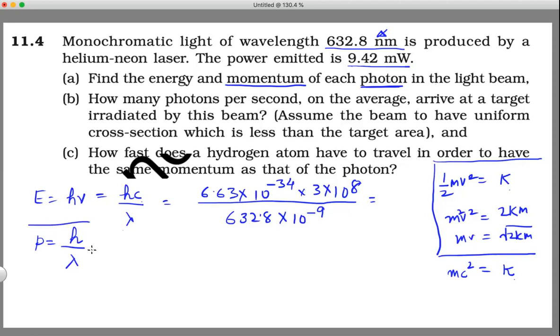This is the momentum of a photon, right? This is what was postulated by Einstein. You can remember it from there, or you can also remember it from de Broglie's, because de Broglie also used the same relationship that was postulated by Einstein, that a photon carries a momentum h by lambda.